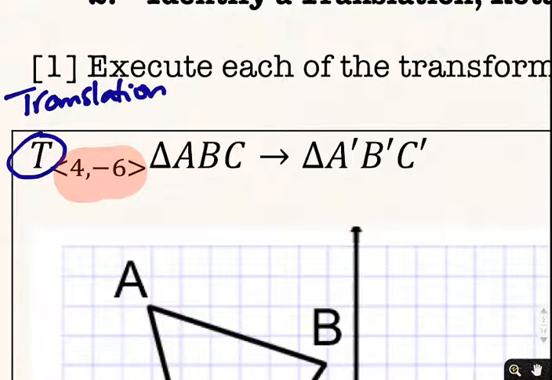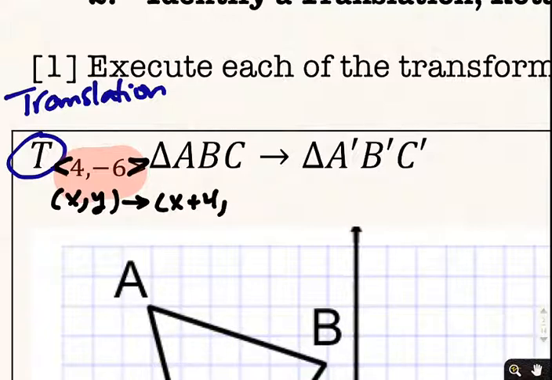What they're saying by this notation that I highlighted in red is that this is the important part of the transformation I want you to execute. Note that these two little chevrons at the end indicate that whatever is inside is a vector, and a vector is something that has distance and direction. What this really tells you is that I want to take this xy value, whatever you have, add 4 to the x, and then take 6 away from the y, because a coordinate xy is arranged in that manner.